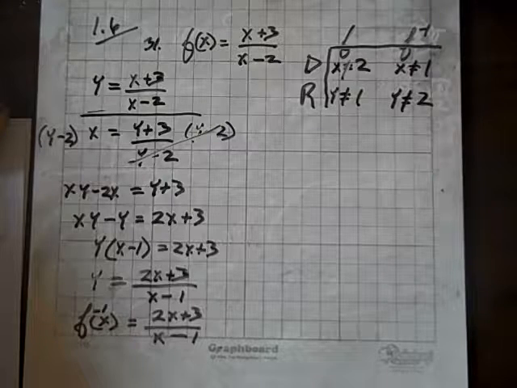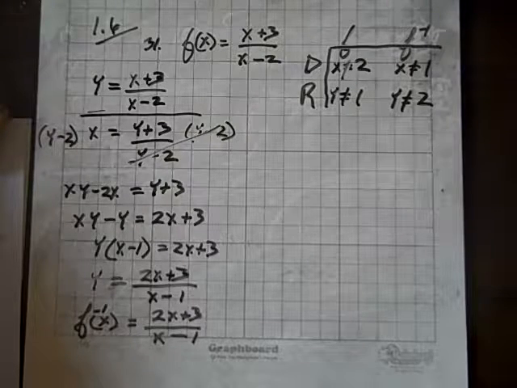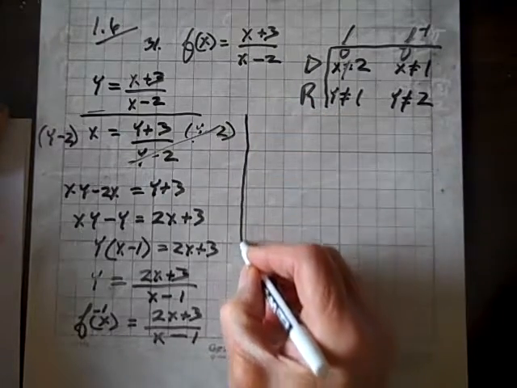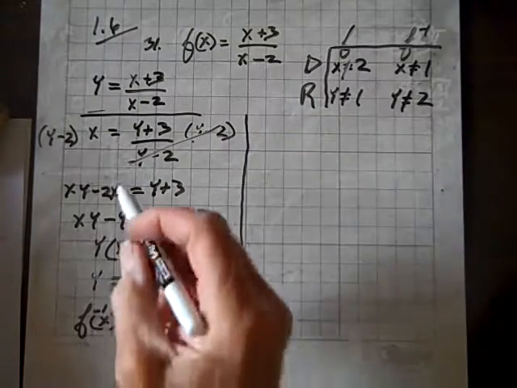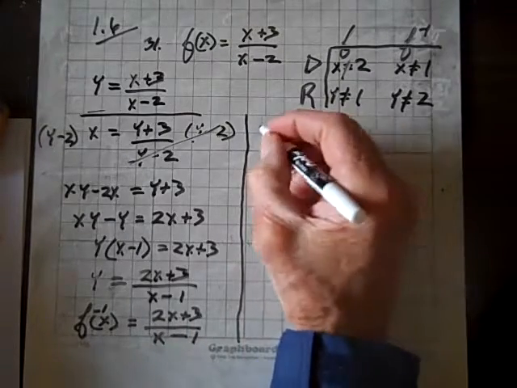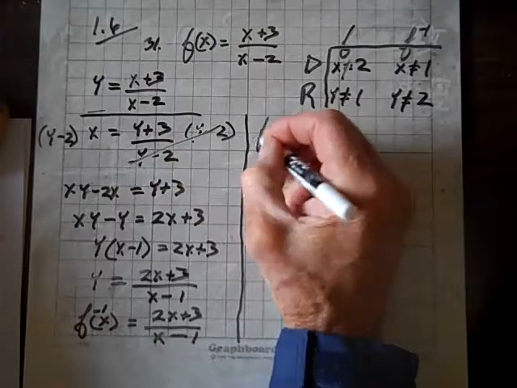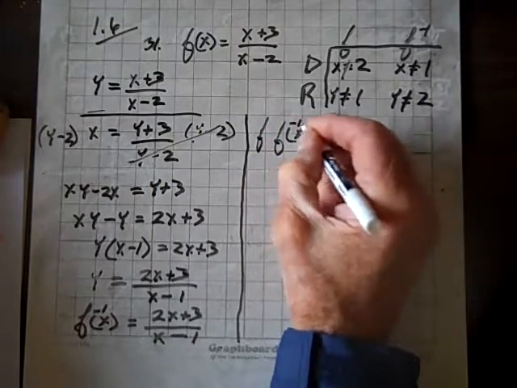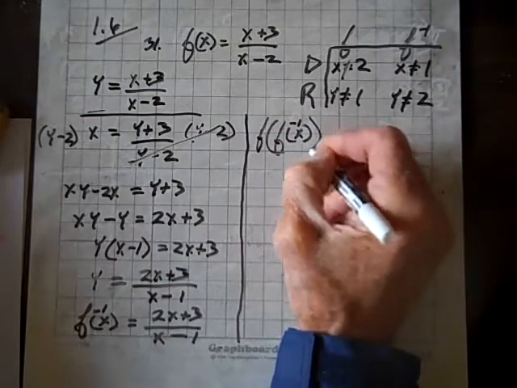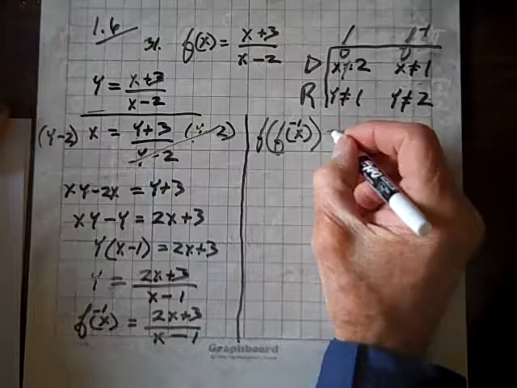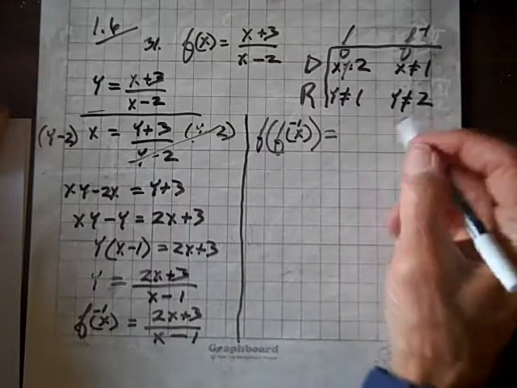So now our next issue is to verify that this is actually the inverse of the given function. So we'll evaluate f of f inverse of x, and if we get an x back, then clearly we've chosen the right inverse function.